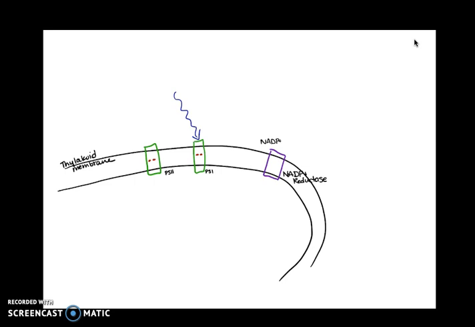And that light is going to energize this pair of electrons here. This is no different than what we saw in cell respiration. When electrons get energized, they fall back down to a lower energy state to wherever they're getting pulled. It's kind of like the hottest guy. They're working their way to hotter and hotter guys.